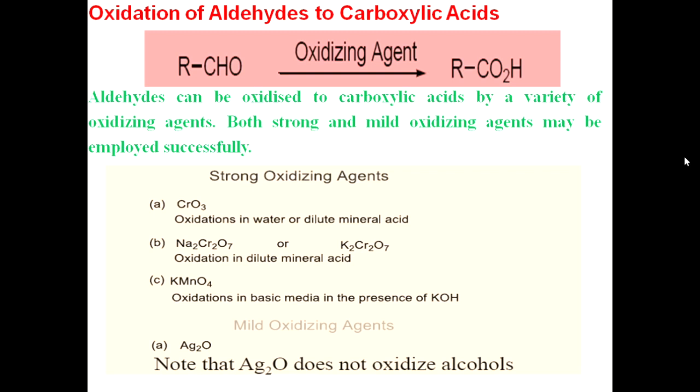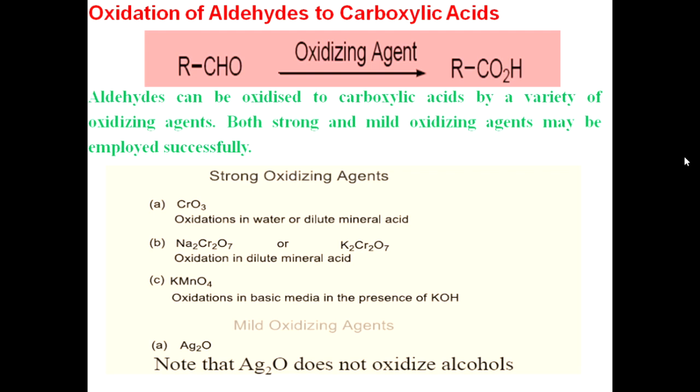The main oxidizing agents used are chromic acid, in water or dilute mineral acid conditions; sodium chromate or potassium chromate in dilute mineral acids; KMnO4 in basic media in the presence of potassium hydroxide; or very mild oxidizing agents like silver oxide.